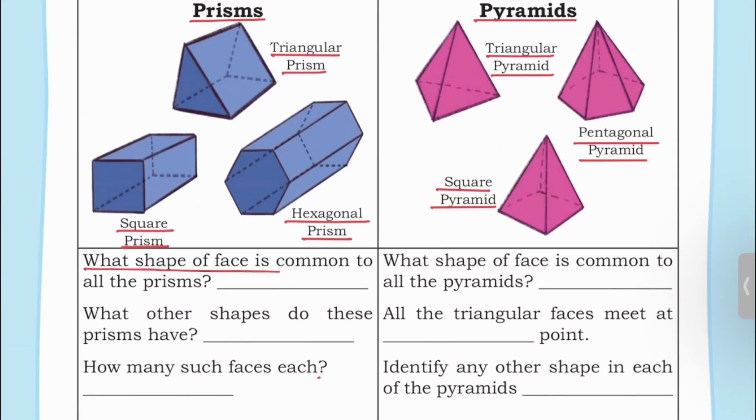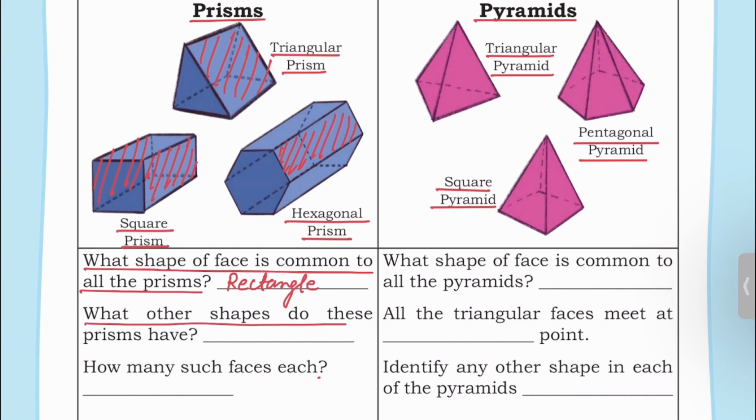What shape of face is common to all of the prisms? You can see rectangular shape face is common to all of the prisms. The shape is rectangle.